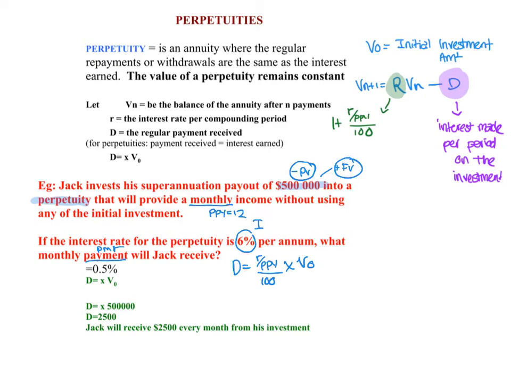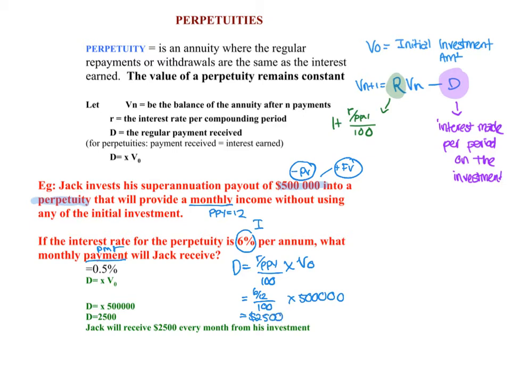I think some things have got cut out. So we would have done 6 over 12 over 100 times 500,000. And that equals 2,500.